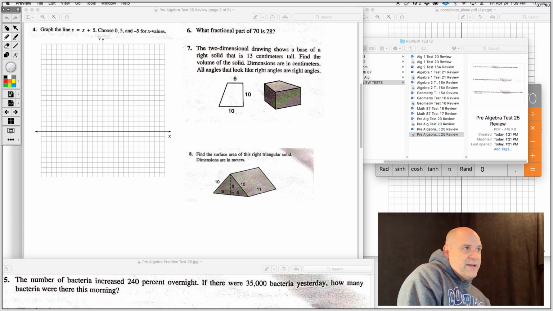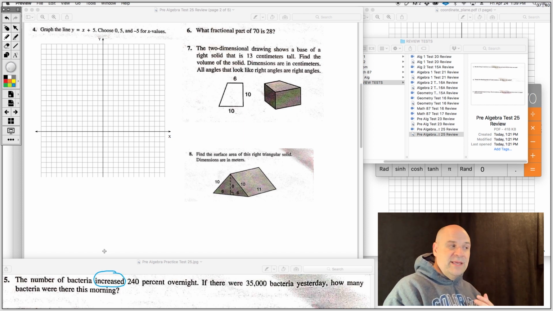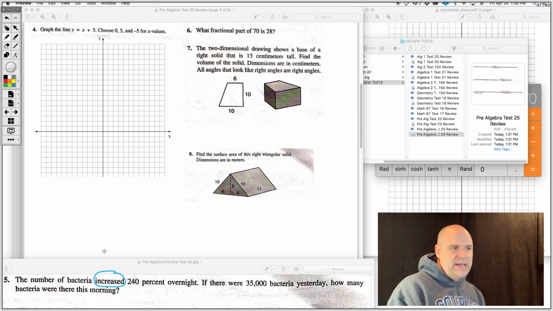Okay, number 5. The number of bacteria increased 240%. So the big word here is increase. So that means you find 240% of the original bacteria and then you add it to that original amount. A lot of you forgot to add that to the original amount.